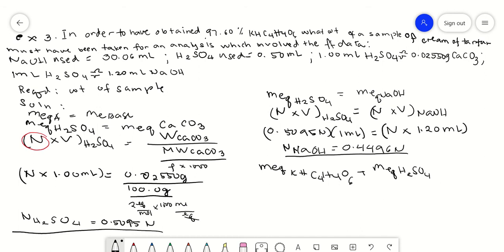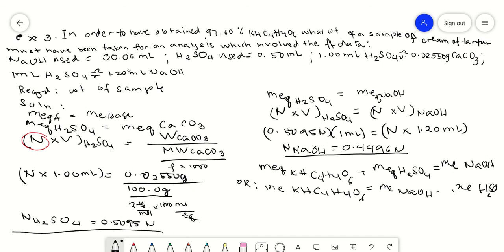Or, as I said a while back, you can write it on the other side to get the net milliequivalents: milliequivalents of KHC4H4O6 is equal to milliequivalents of NaOH minus milliequivalents of H2SO4.